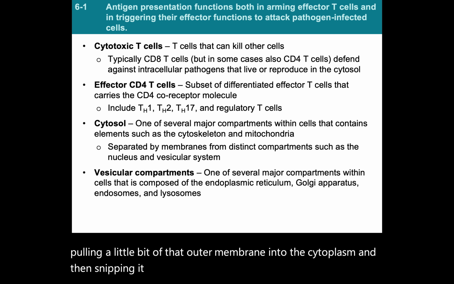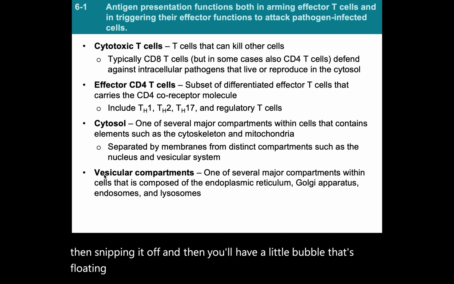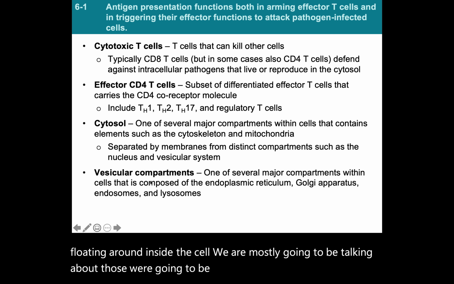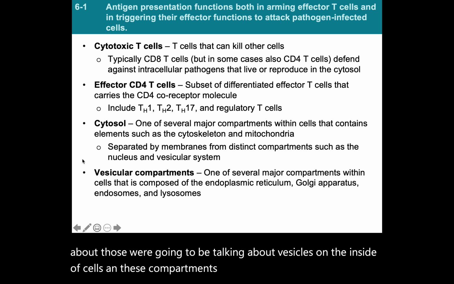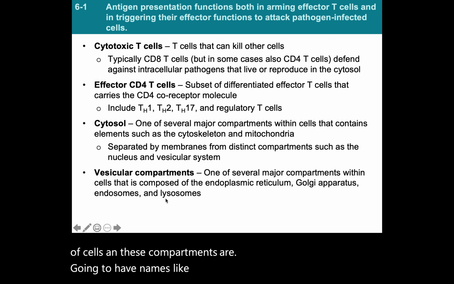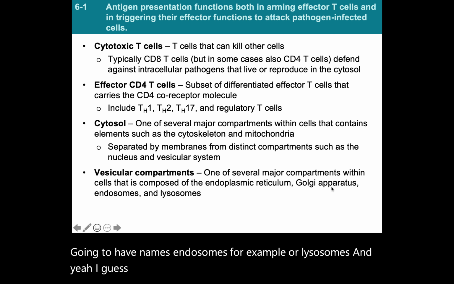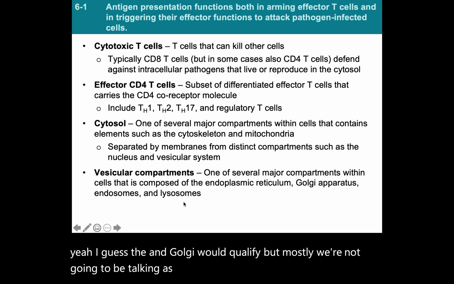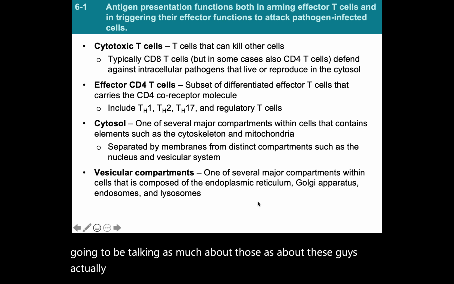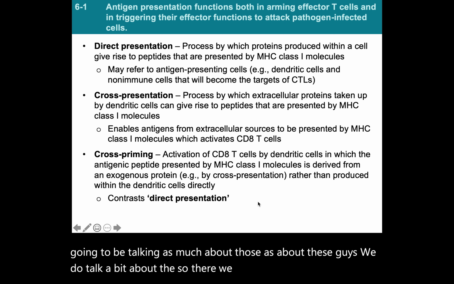And then you'll have a little bubble that's floating around inside the cell. We're mostly going to be talking about those. We're going to be talking about vesicles on the inside of cells, and these compartments are going to have names like endosomes, for example, or lysosomes, and I guess the ER and Golgi would qualify, but mostly we're not going to be talking as much about those as about these guys. Actually, no, we do talk a bit about the ER, so there we go. Fine. Okay.